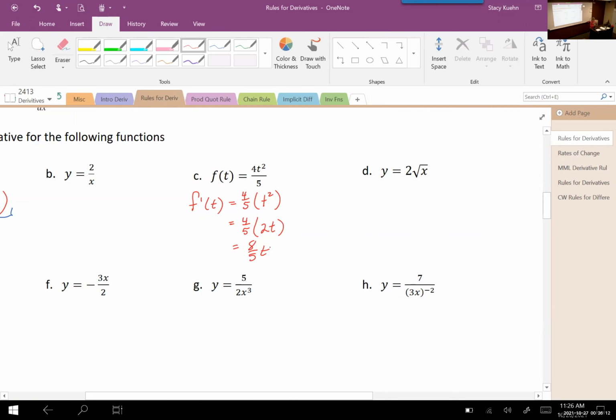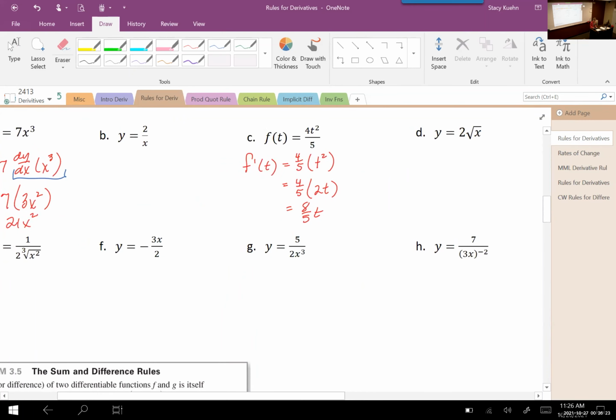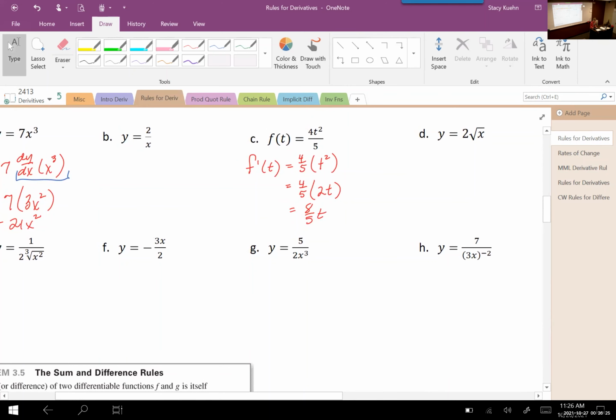Let's do G together. So I have y prime is equal to 5/2 times x to the -3.